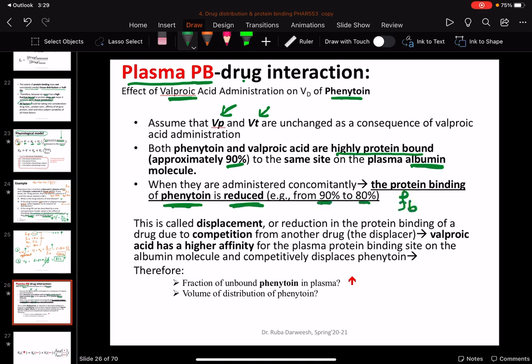So the fraction bound is less by 10%, okay, and then accordingly the fraction unbound in the plasma is increased, okay. I'm just telling you that this is a displacement or competition, which we already know is one of the major causes of drug-drug interaction, okay.